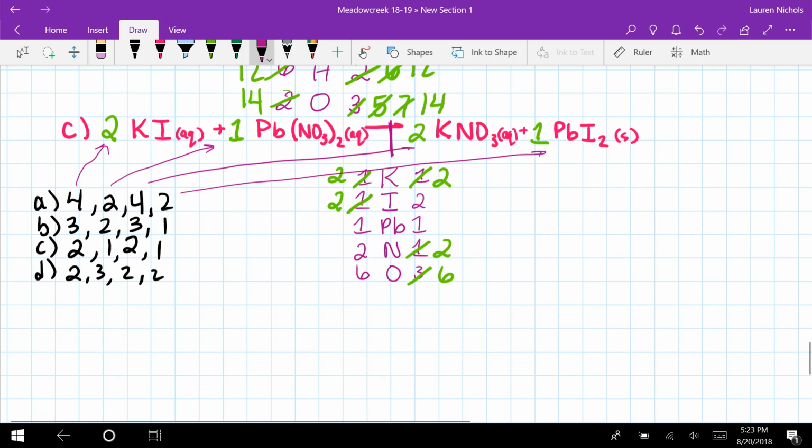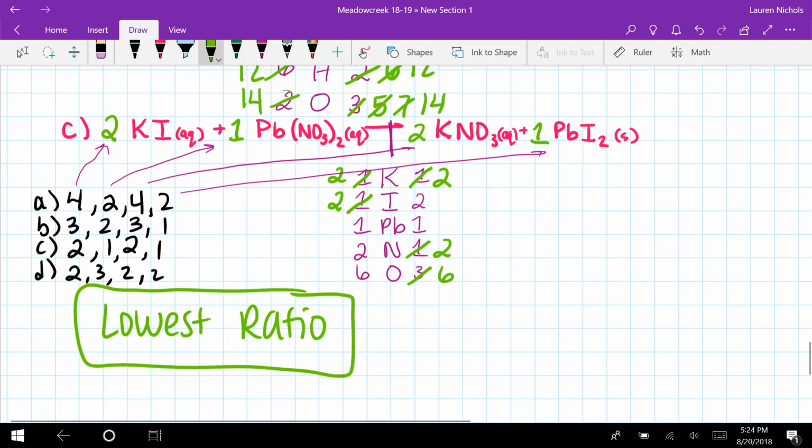Now, a correctly balanced equation will always use the lowest ratio. Okay, that's important. It will always use the lowest ratio. So if we look, A will give us a balanced equation. It'll give us the correct number on each side. However, it is not the lowest ratio.